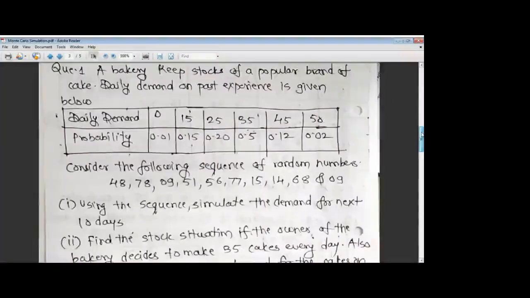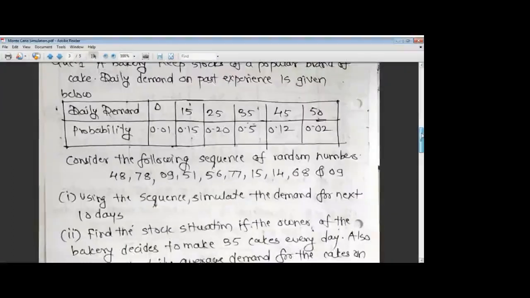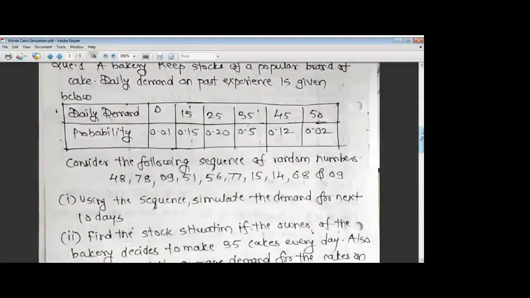This is how they have given us the data. Now, we know that the addition of all these probabilities should be 1, so if you add all these probability values, the sum should fetch you the number 1.